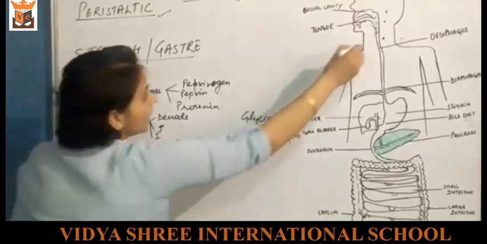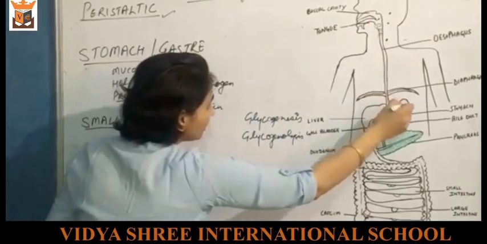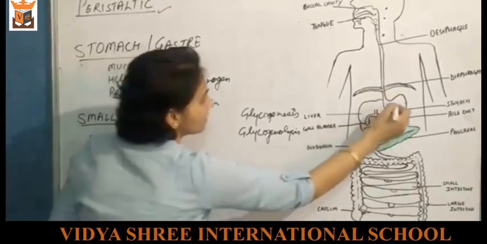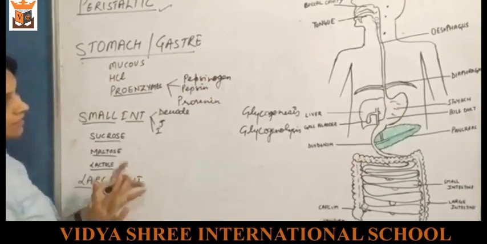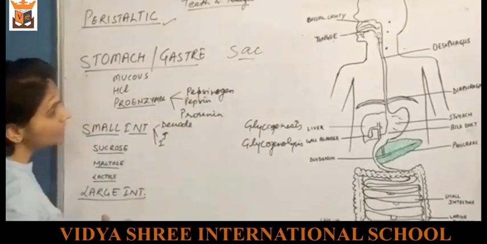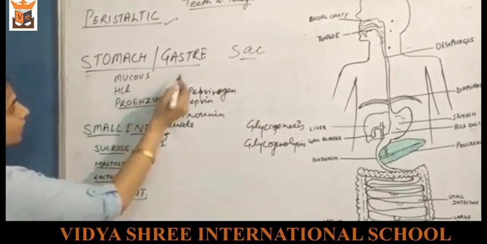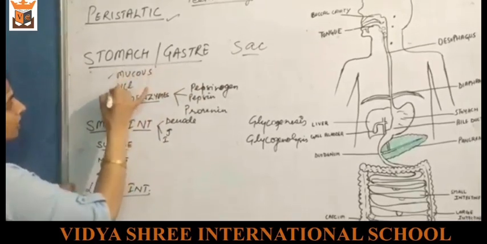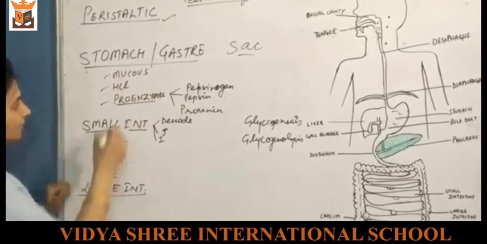Fine. Then it will reach the stomach. The stomach is a sac-like, bag-like structure. It consists of mucus, HCl and proenzymes.